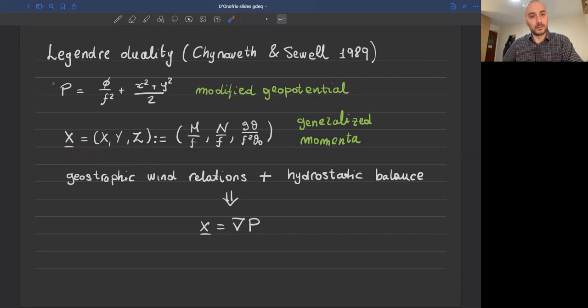If we do so, then we are able to write down this important relation between capital X, which we are going to call the generalized momenta, and the modified geopotential. This is at the very heart of the Legendre duality as recognized by Chenoweth and Sewell.